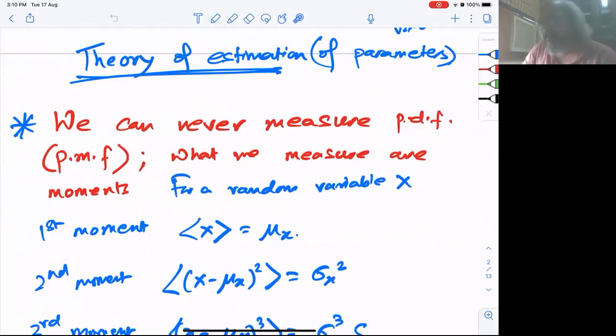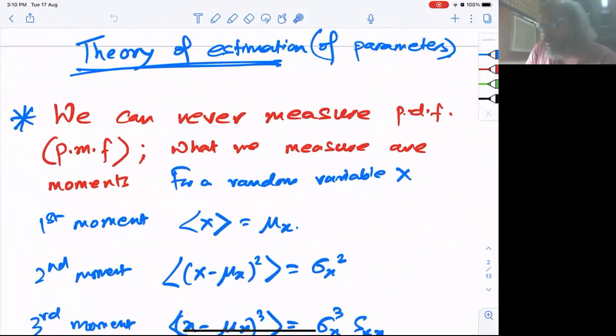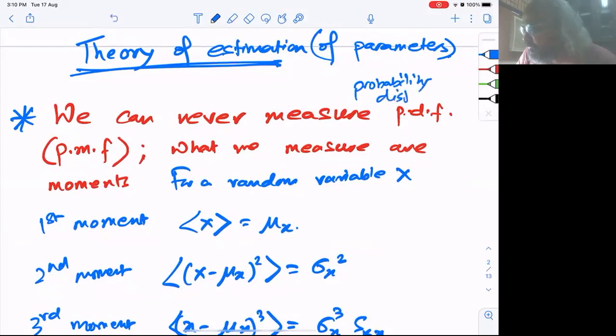One very important point, since we are experimentalists and we'll be measuring, is to remember that as experimentalists, we never really measure the probability distribution function. PDF stands for probability distribution function.